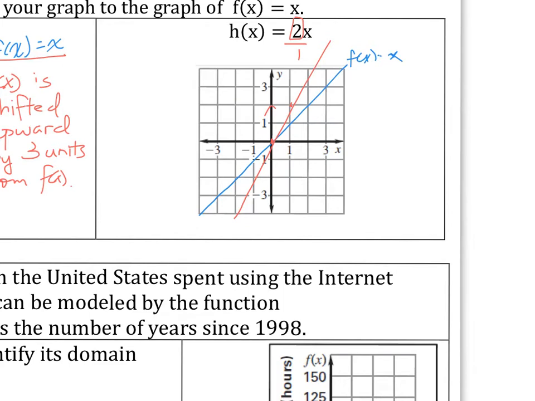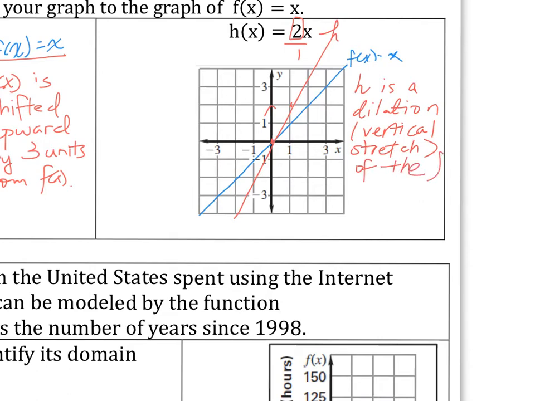So therefore, the graph of h is a dilation, or vertical stretch of the graph f by a scale factor of 2.